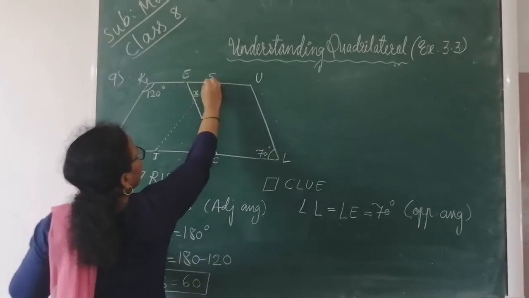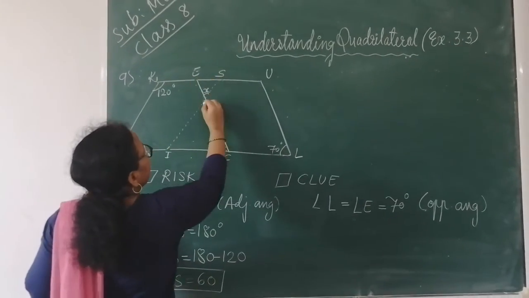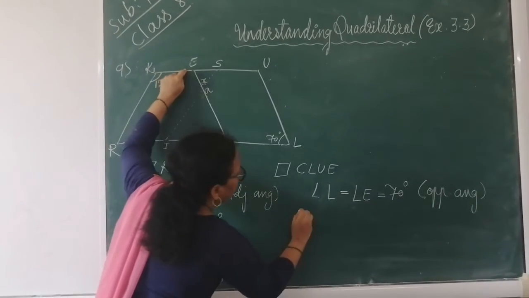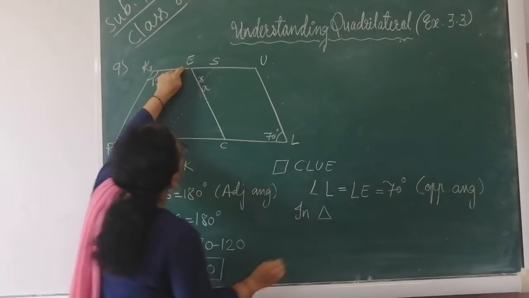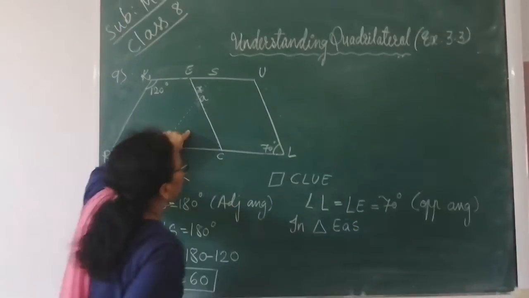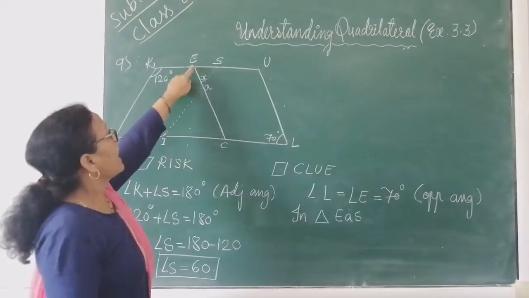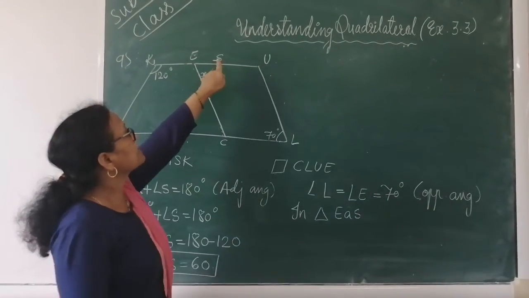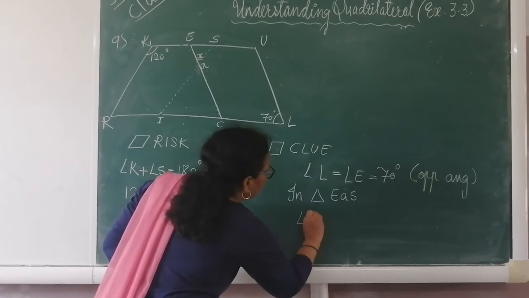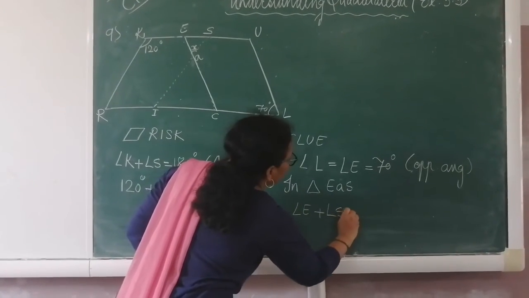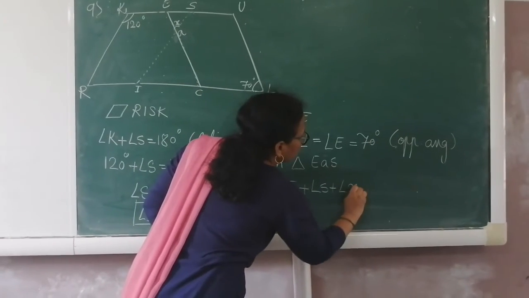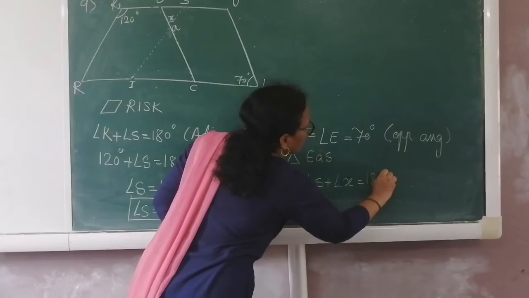If we consider this as a triangle, suppose I am giving here name A. Okay, that means in triangle EAS, by the angle sum property of the triangle, angle E plus angle A plus angle S is equal to 180. Instead of A, directly I will write X, is equal to 180.